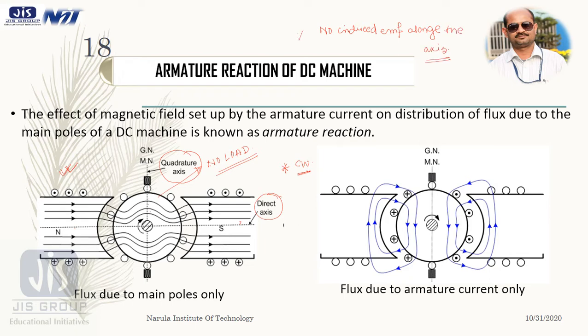So there is no induced EMF along the axis because the conductor has the similar effect both for north pole as well as south pole.